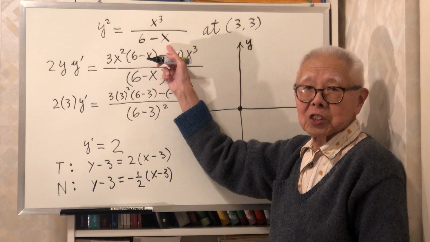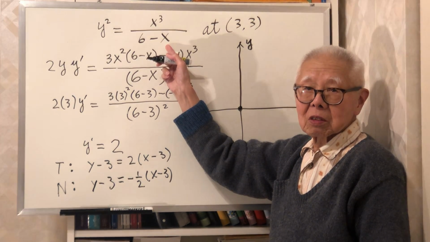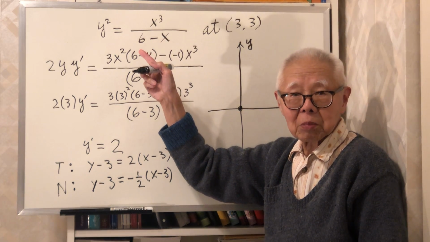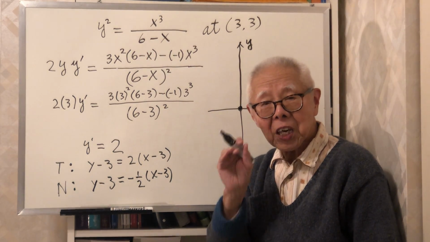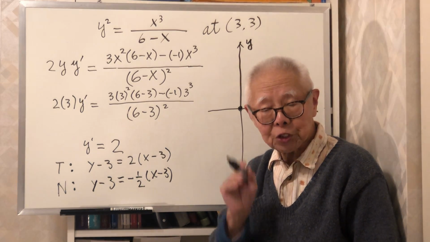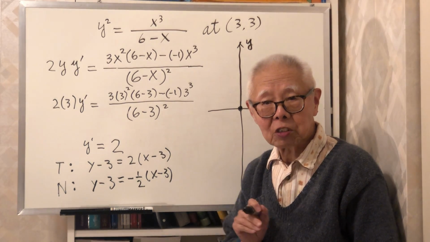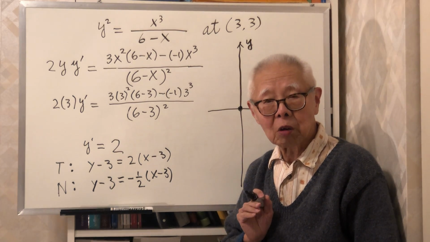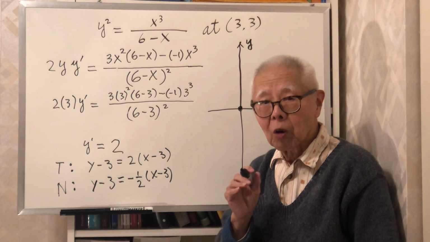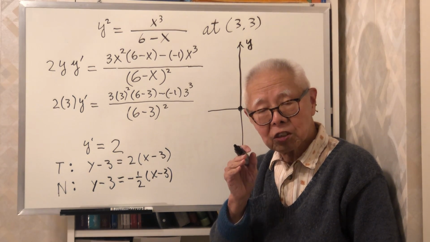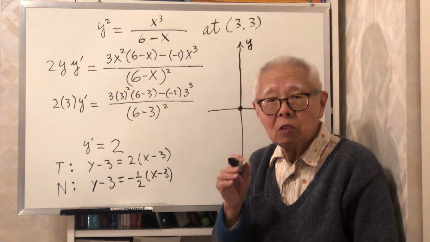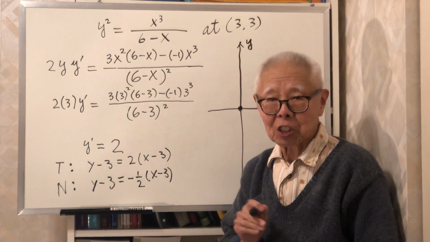If x is more than 6, then this right-hand side becomes negative. Therefore, x cannot be more than 6. What about x equals 6? If x equals 6, the denominator is 0, then the right-hand side is not defined. So x cannot equal 6, x cannot be more than 6. So x can only be less than 6.